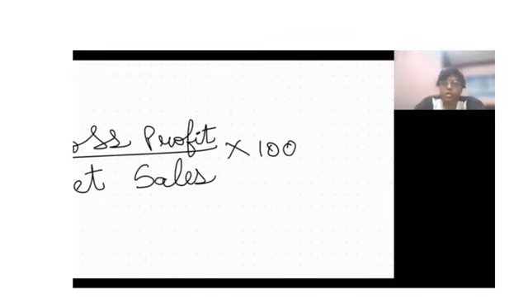Gross profit ratio equals gross profit divided by net sales multiplied by 100.